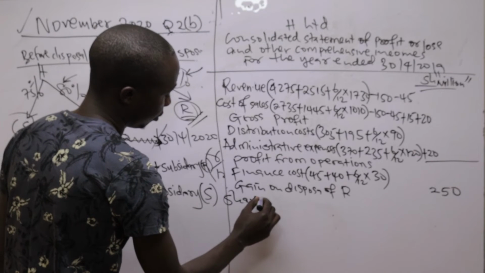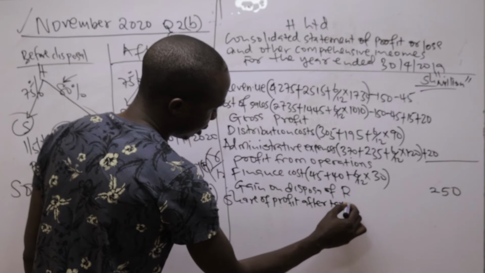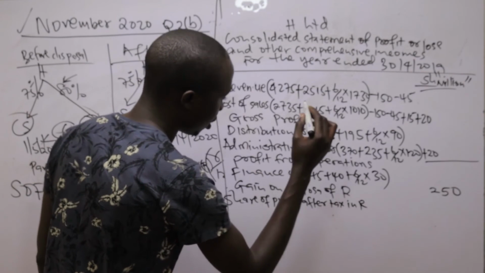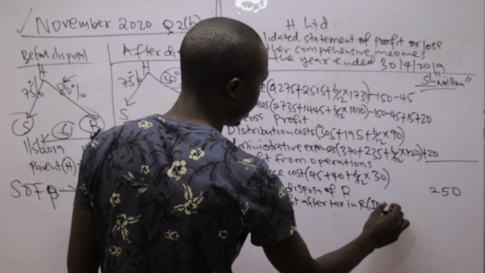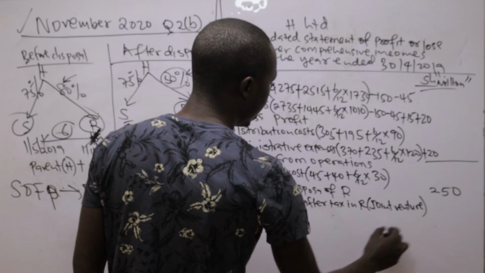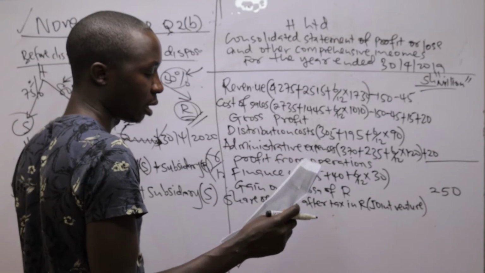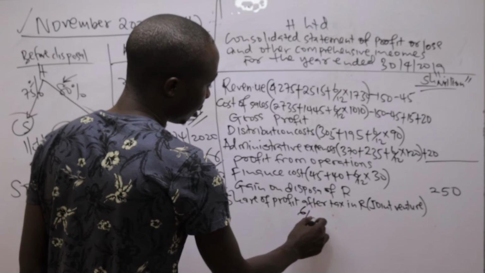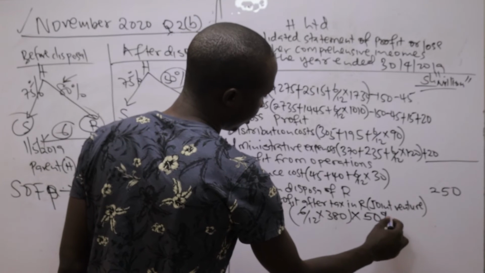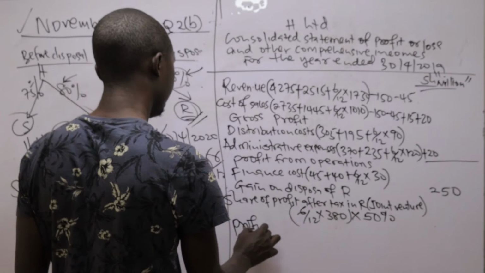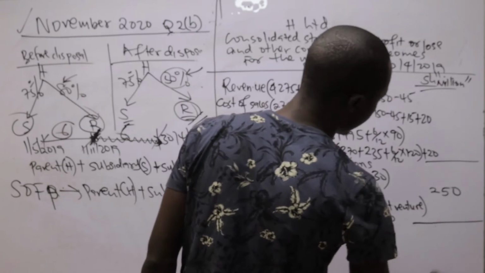So we say share of profit after tax in R. The profit after tax of R is 380, but for the last 6 months, times 50%. So up to this point, I can say profit before tax.